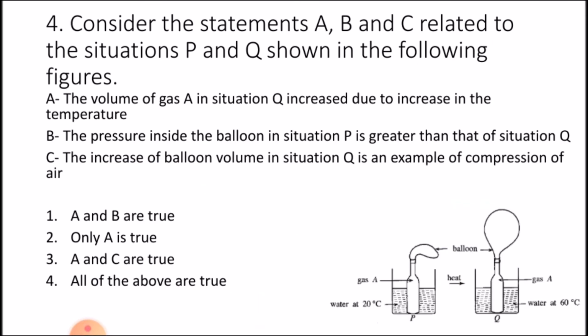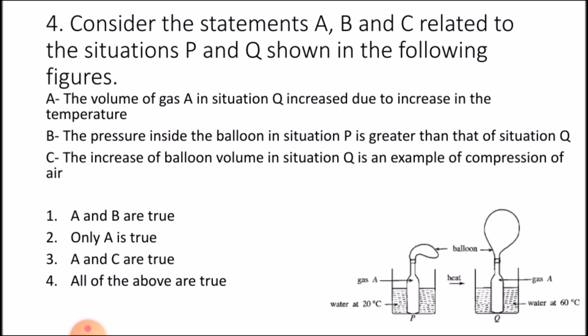Question number 4. Consider the statements A, B and C related to the situations P and Q shown in the following figures. A. The volume of gas in situation Q increased due to the increase in temperature.